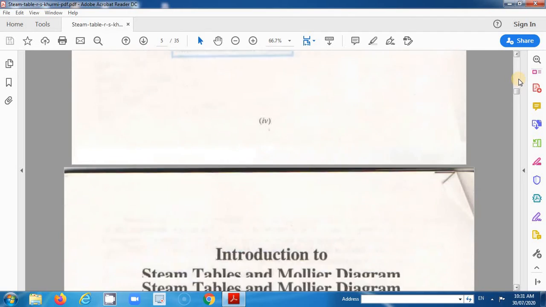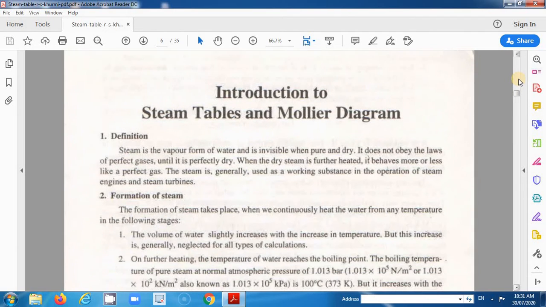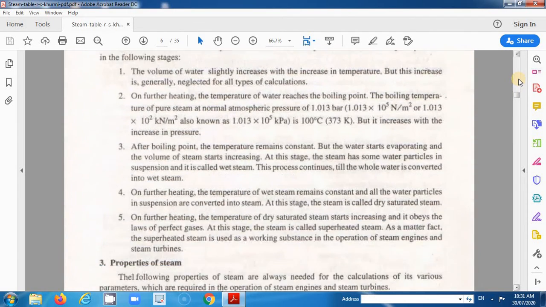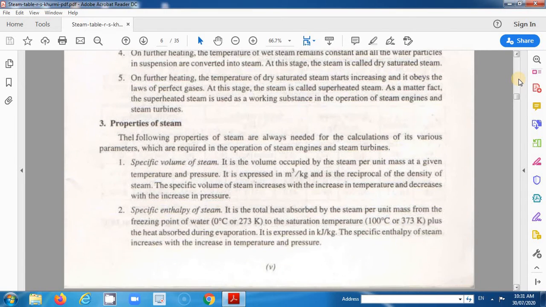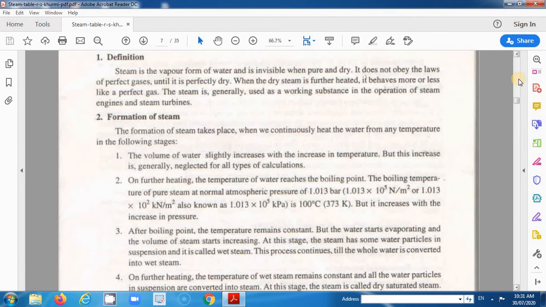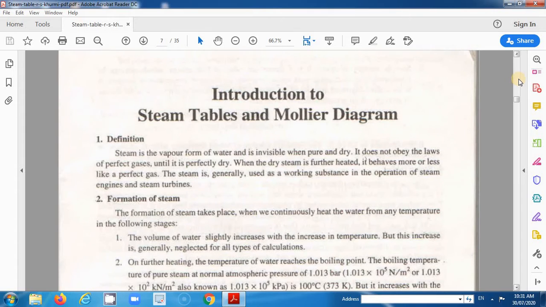These are some additional pages. Here they have given the introduction to steam table and Mollier diagram. So first we start with the definition.